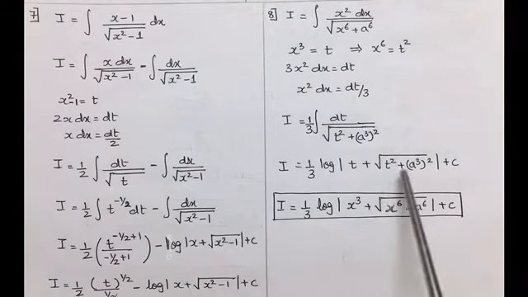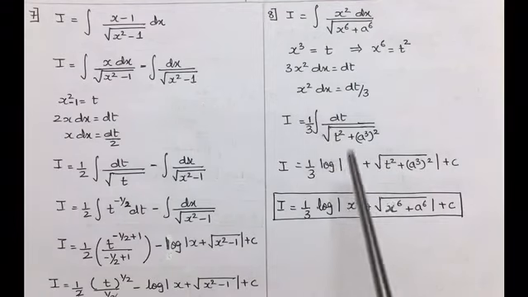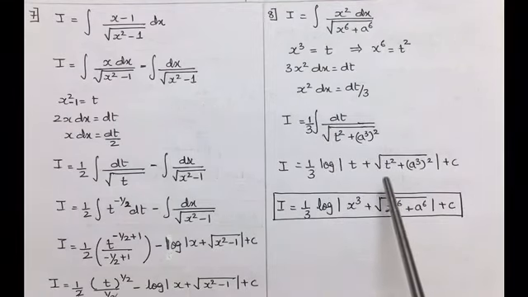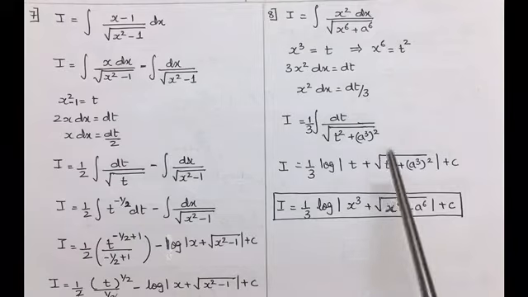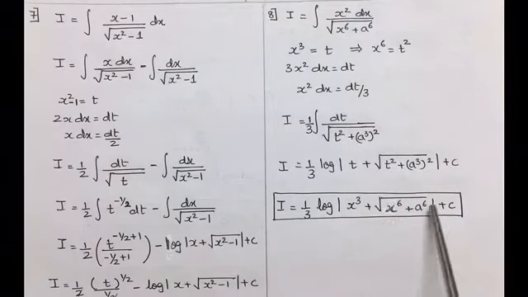Now converting t in terms of x for the final answer, we get I is equal to 1 by 3 log, t is being replaced as x cube, plus under root, the quotient itself you have to write, that is root of x raised to 6 plus a raised to 6, plus c.